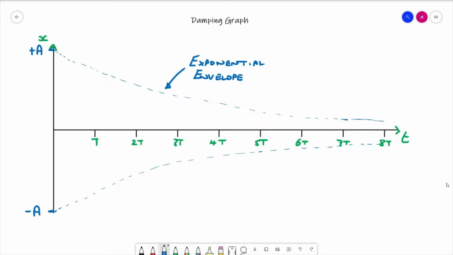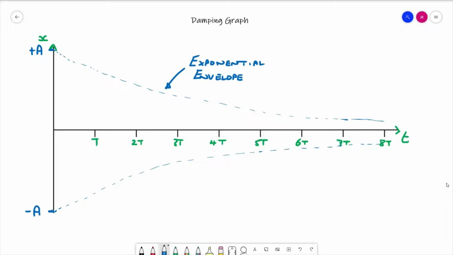Now, we're not actually going to go into trying to derive an equation for this, because it does get a little bit more complicated and goes beyond what we need to do at A level. Obviously, if you go on to university level to look at this kind of stuff, then you will start to derive equations. But as long as we know that it's an exponential envelope, then that's all we really need to know for this video.